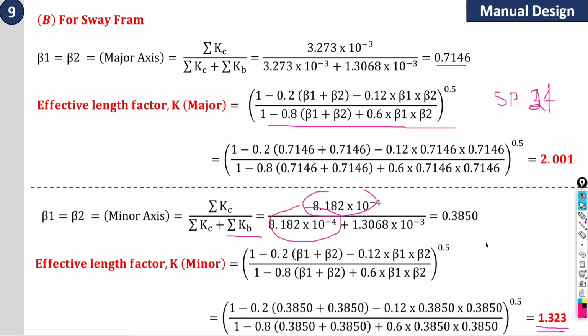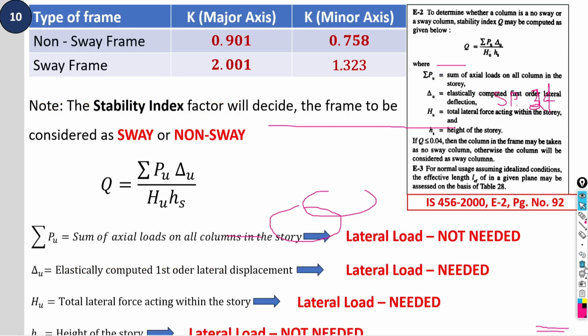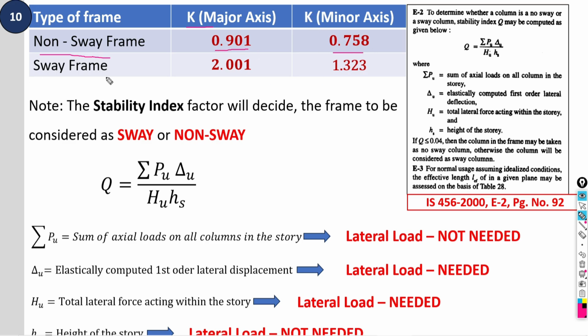Okay, now moving ahead and summarizing all our calculations for the effective length factor. Here for the non-sway case, we are getting the effective length factor for the major axis as 0.901, and for the minor axis 0.758, and for the sway frame 2.001 and 1.323.